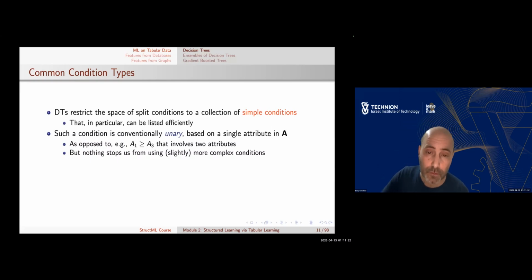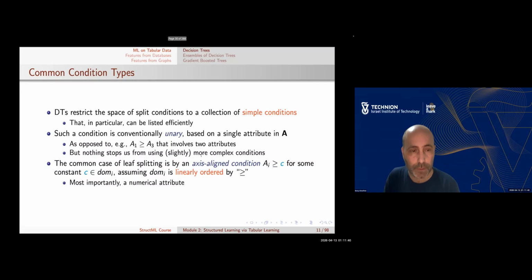It doesn't mean that you cannot do that or you cannot find it in the literature. I'm just saying that the common split looks at a single attribute, so it is unary. An especially common and simple condition would be axis aligned, where we say my domain is ordered, for example it is numerical, and we use greater than.